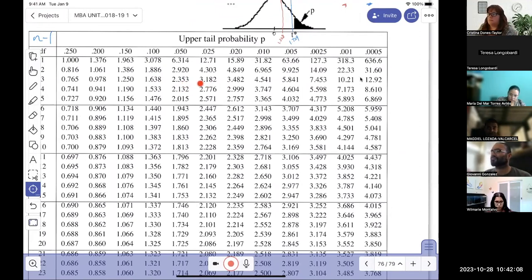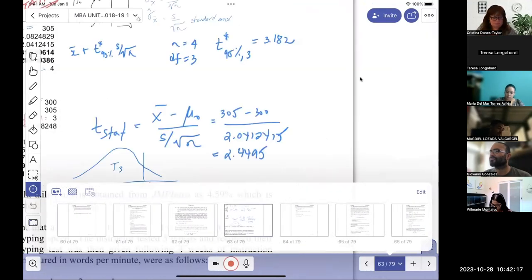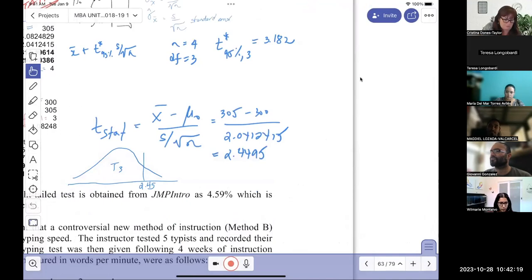Is everybody okay with that? So from the smaller number to the larger, it's between 2.5% and 5%.